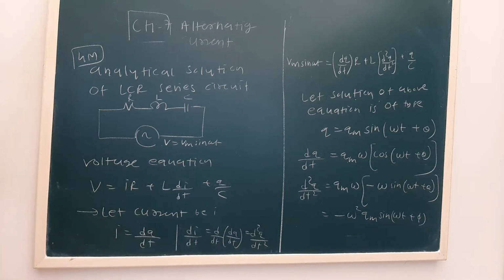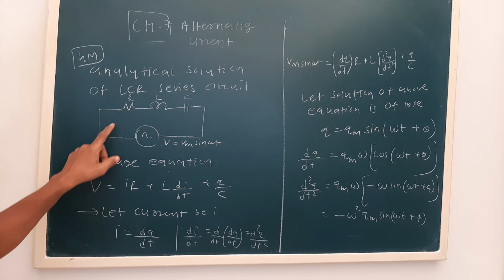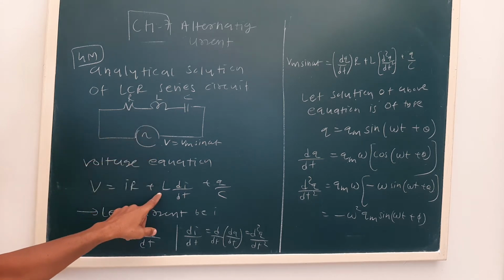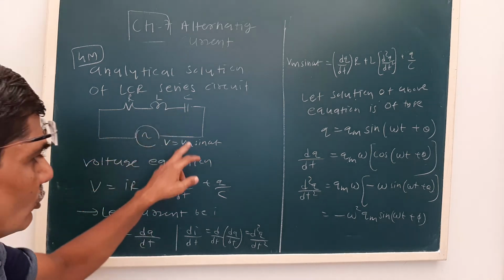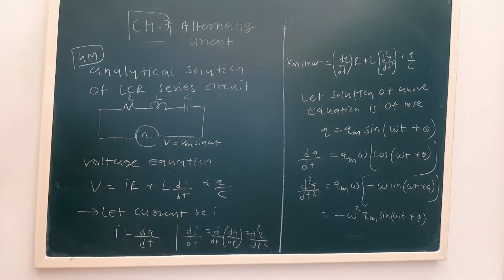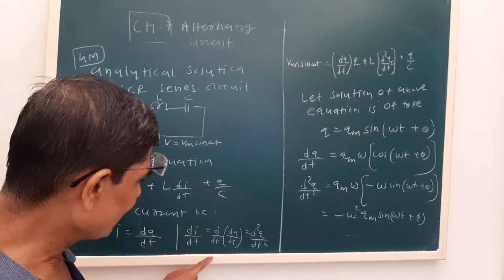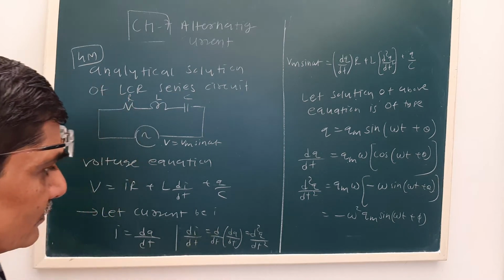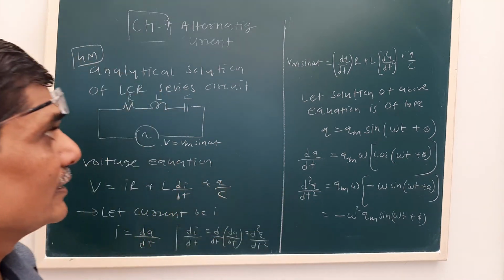If I is the current, then the voltage across the resistor is IR, the voltage across the inductor is L di by dt, and the voltage across the capacitor is Q by C. We know that I is dq by dt and di by dt is d by dt of dq by dt, which makes d square q by dt square.